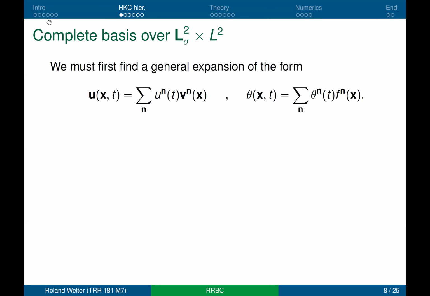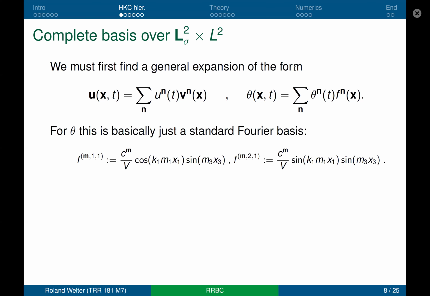So first, in order to generalize this procedure, we need to find a general expansion for the velocity field and the temperature deviation. For the temperature deviation, this is basically a standard Fourier series.